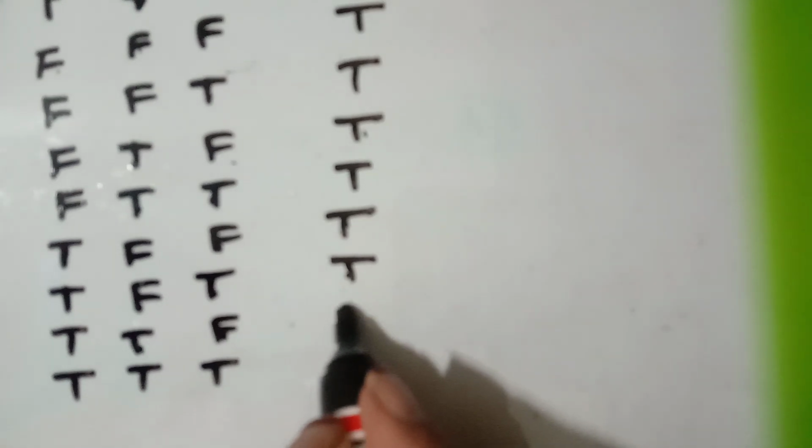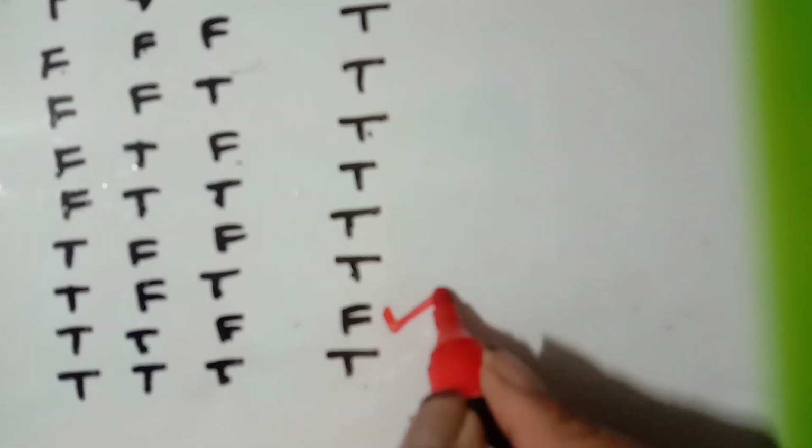False implies true, so the outcome is true. Now after that, how many have we done? 1, 2, 3, 4, 5, 6. So we have come to the last two. Now true and true, so the outcome is true. True implies false, so the outcome is false. Now true and true, true and true implies true, the outcome is true.